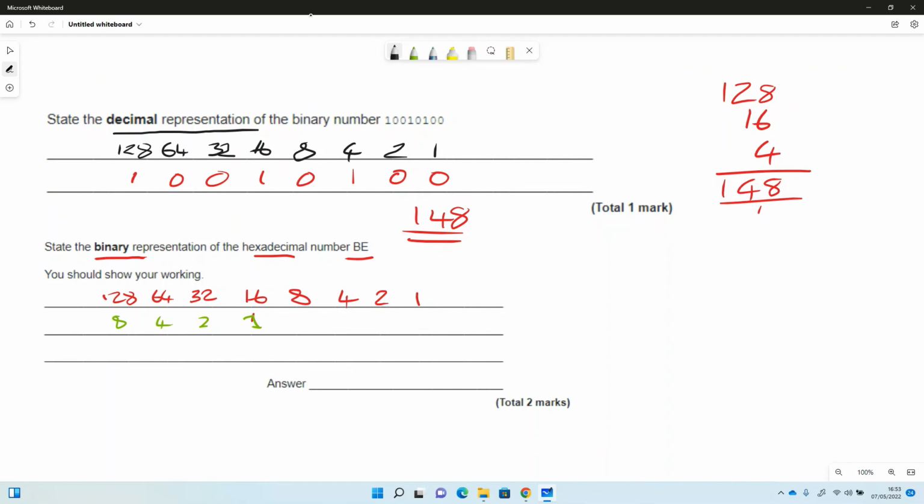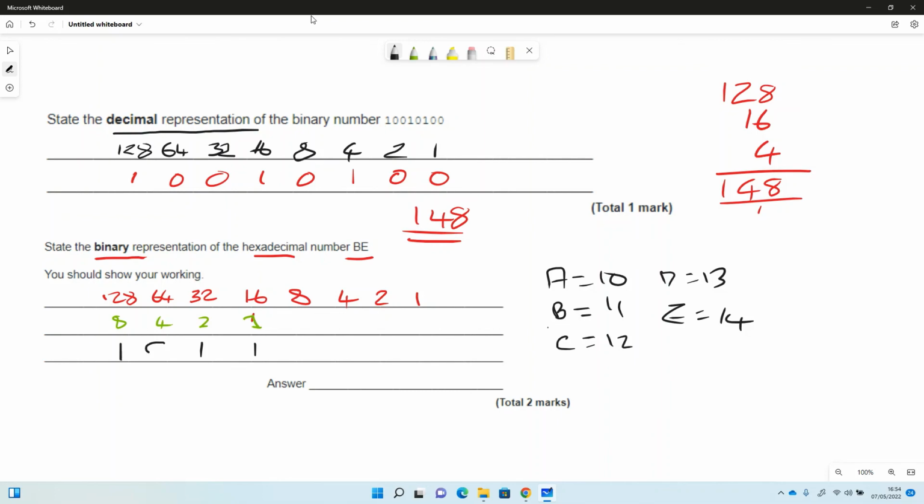So BE, so if I've got B on this side, remember that A is 10 and B is 11, C is 12, D is 13. So I've got BE, E is 14. So B is 11. So to make 11 on this side, I need an 8, a 2 and a 1.